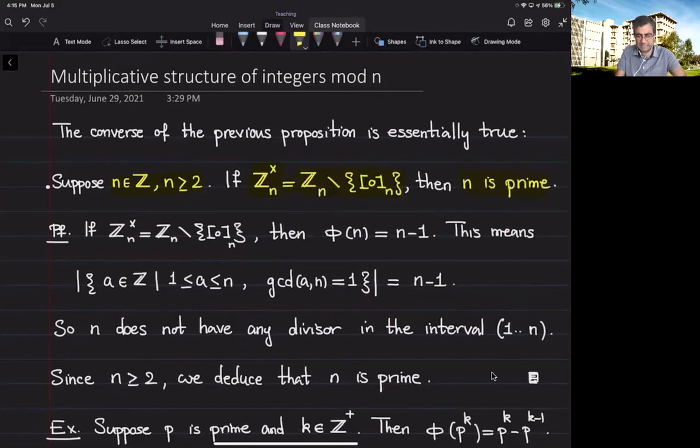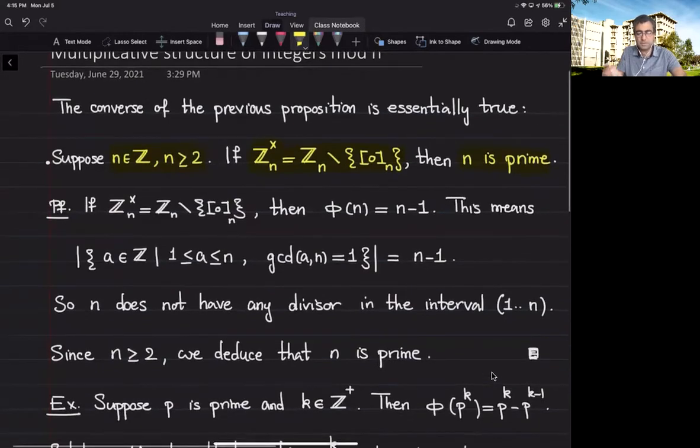Let's try to understand this. We have already proved that when n is prime, we have this equality. Now we are showing the converse of that statement, at least for integers that are at least 2. So suppose that Z_n cross is Z_n minus 0. That means the Euler phi function of n is n minus 1.